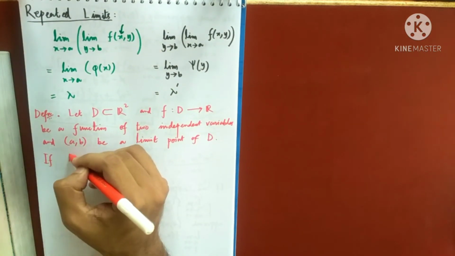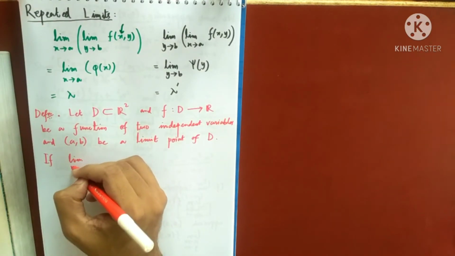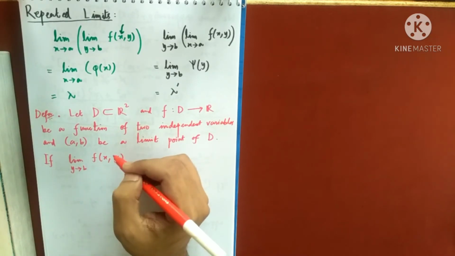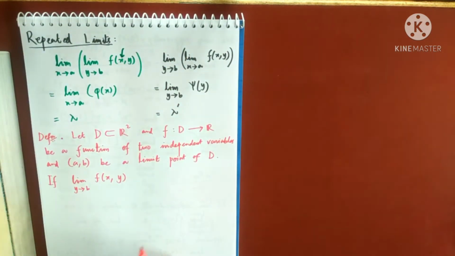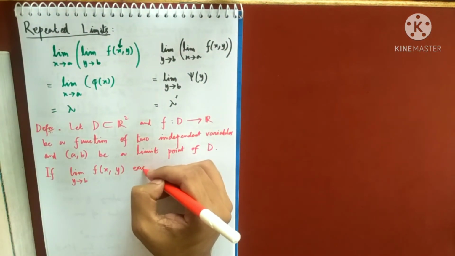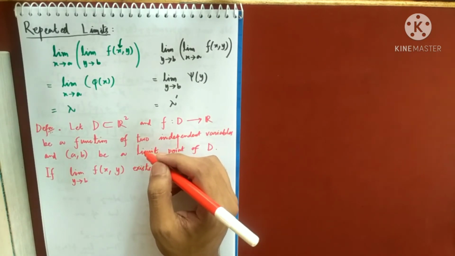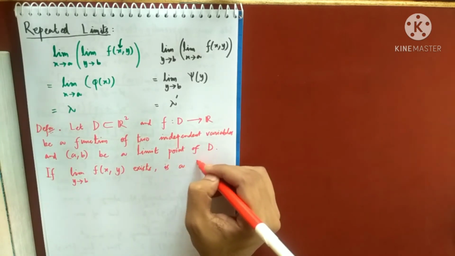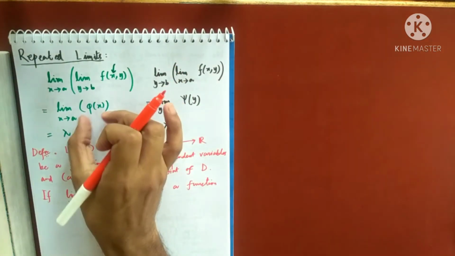If limit y tends to b of f of x comma y exists, then it will be a function of x.